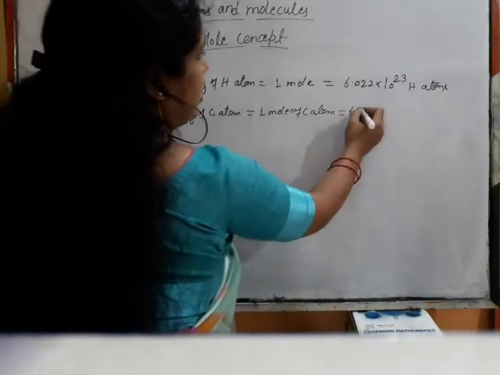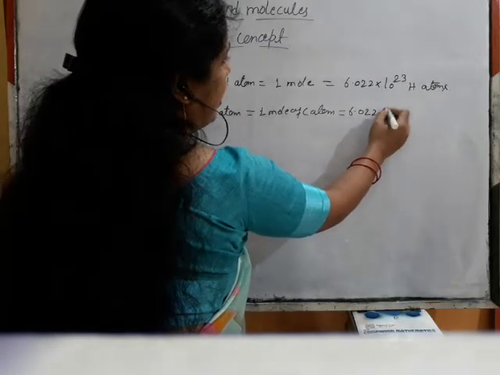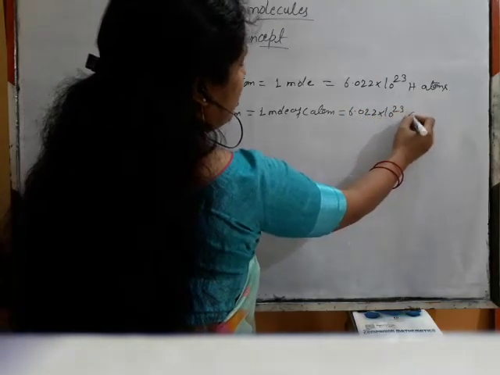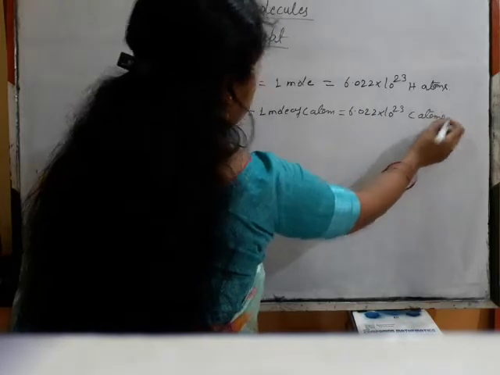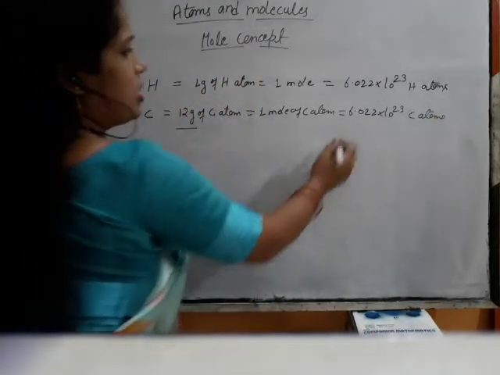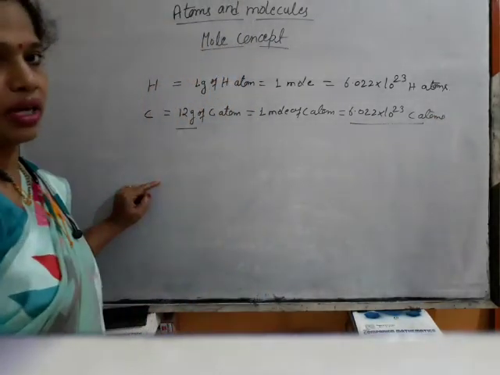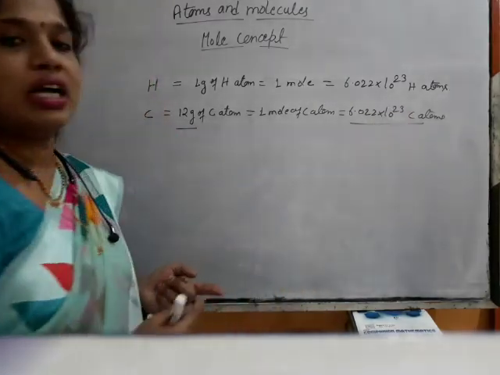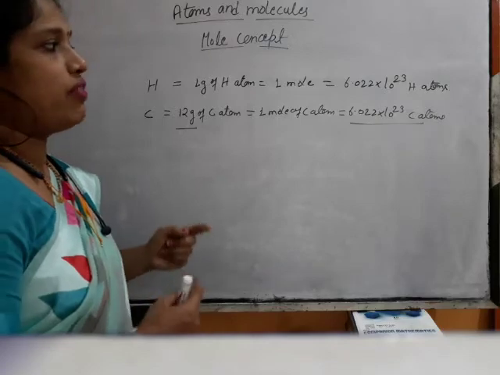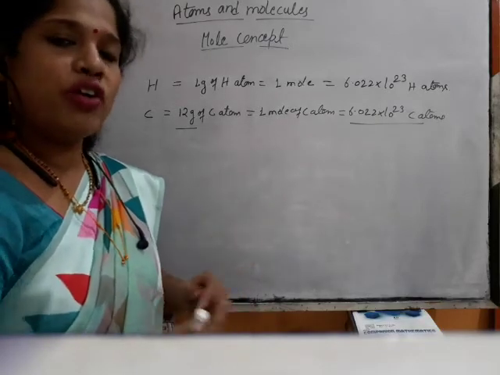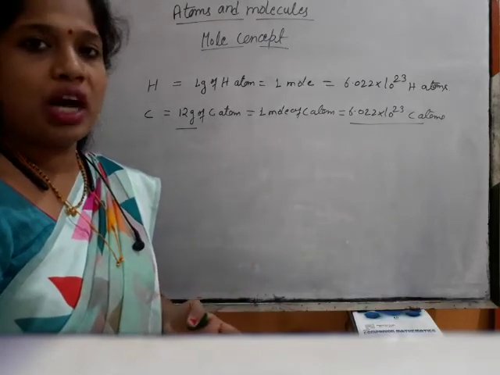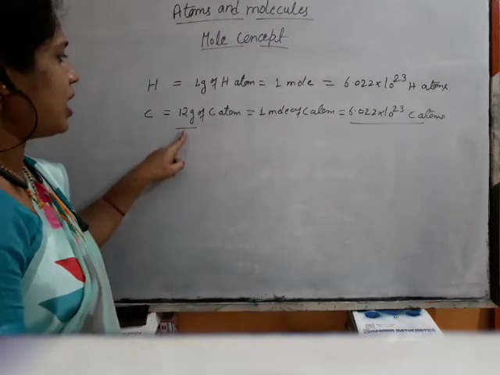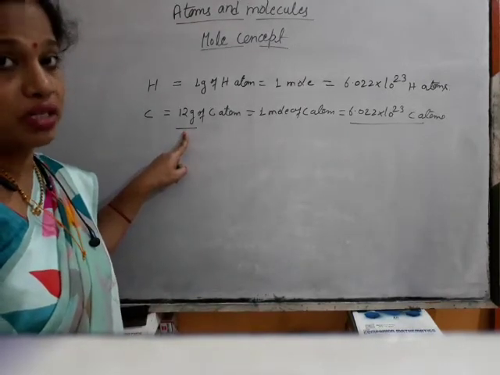That means it is 6.022 into 10 raised to the power 23 carbon atoms. That means this 12 gram is equal to these many carbon atoms. So if I say to bring 1 mole of carbon atom, that means how much carbon we have to take? 12 grams of carbon atom we have to take.